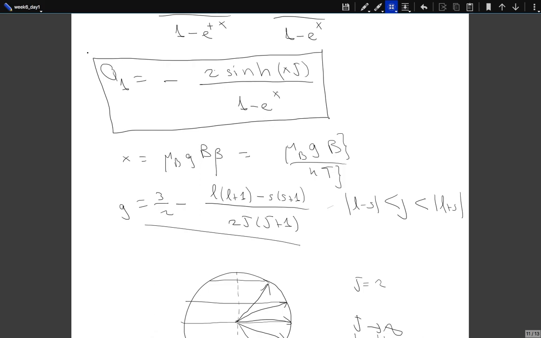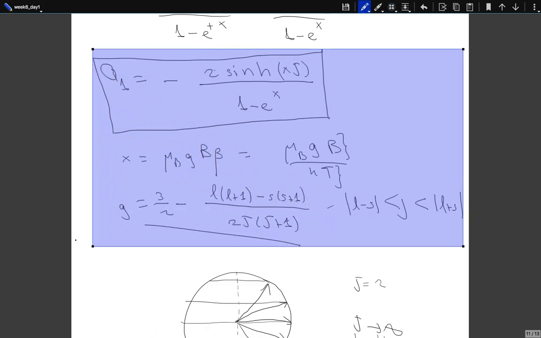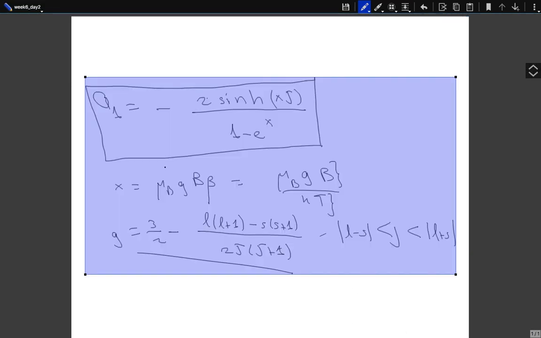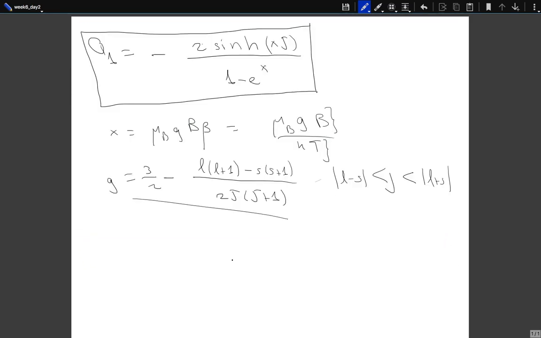You see, this is our partition function. Some of the questions we would like to ask: what is S? For example, one thing we would expect is that at t equal to 0, S should go to 0.